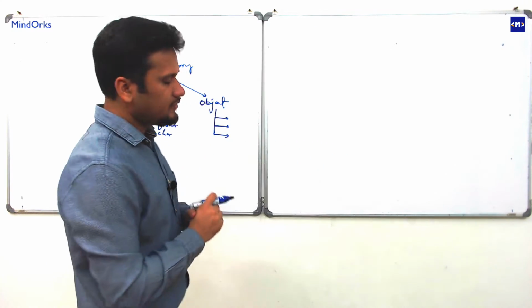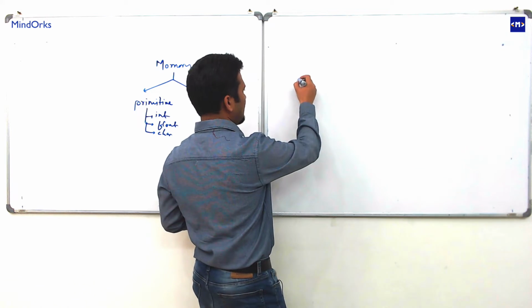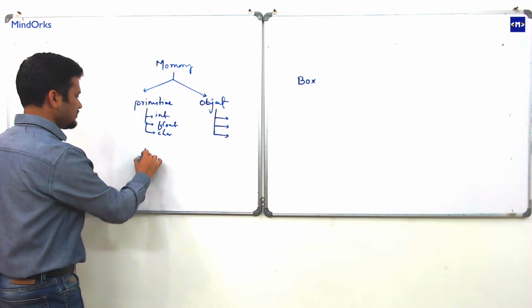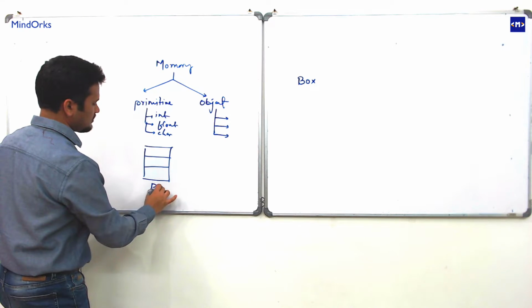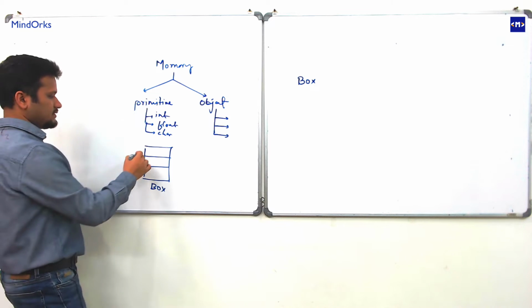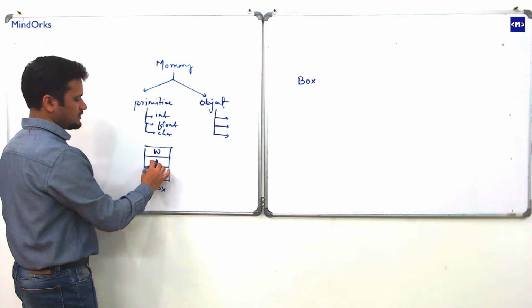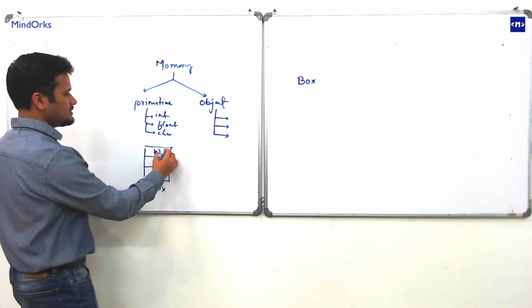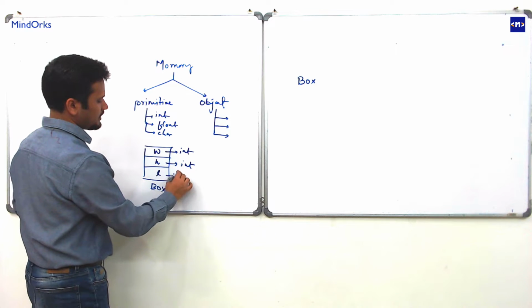For example, I will give you an example. Suppose I have a box object. There is a box class which has got three properties: width, height, and length. This is an int type, this is an int type, this is an int type.